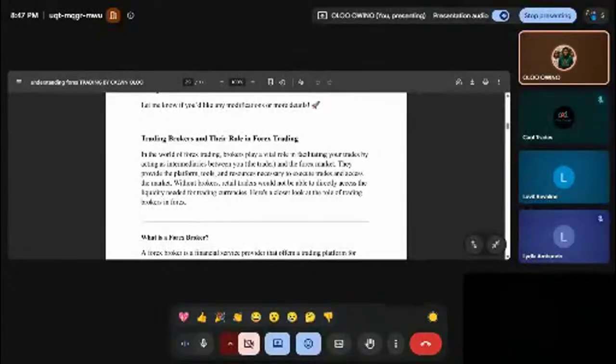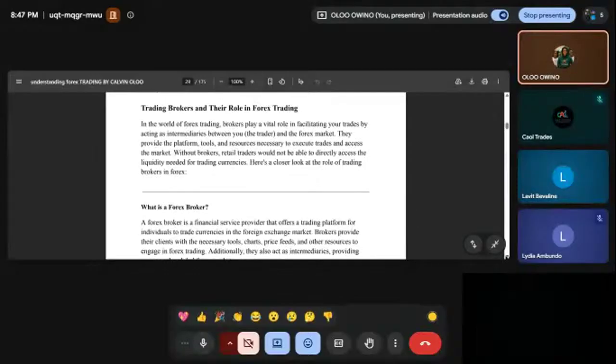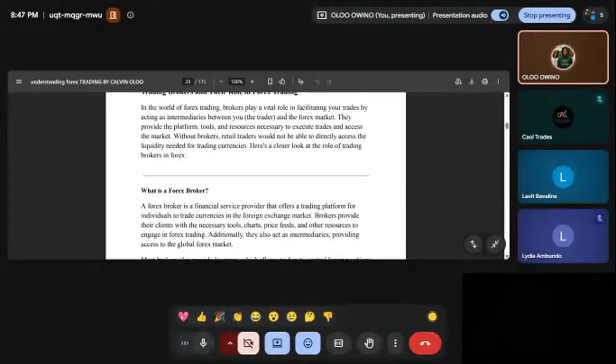They provide the platform and resources necessary to execute trades and access the market. Without brokers, retail traders would not be able to directly access the liquidity needed for trading currencies. Let's take a look at the roles of trading brokers. Now, who is a forex broker? A forex broker is a financial service provider that offers a trading platform for individuals to trade currencies in the foreign exchange market. Brokers provide their clients with the necessary tools, charts, price feeds, and more.